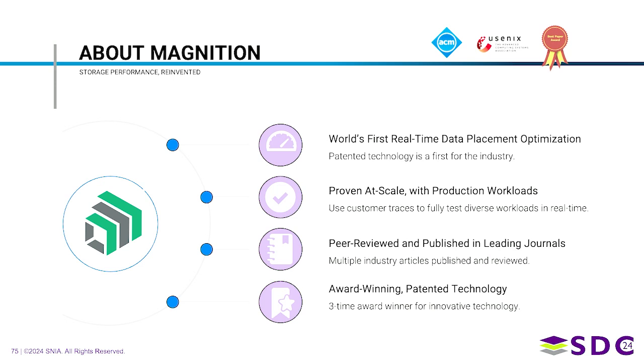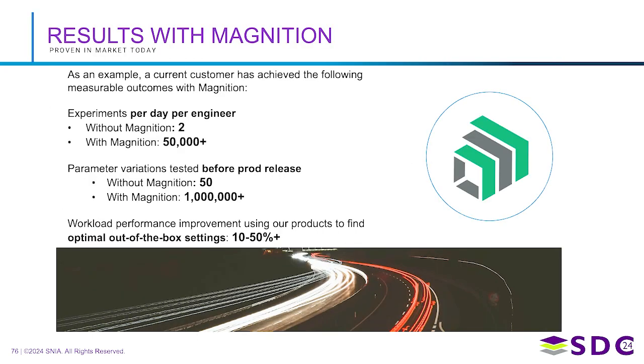More than anything, what Magnition does is generate research papers on this type of thing, and we have a handful of awards on this as well. At the same time, we have worked with a very large storage company who happens to be represented here but doesn't want to be named, and helped them run far more experiments on an enterprise storage system that's currently on the market today.